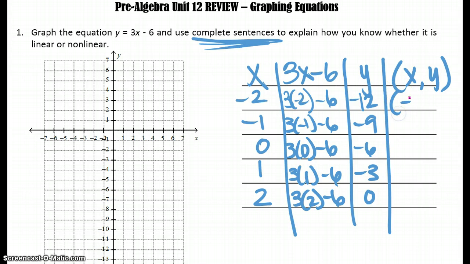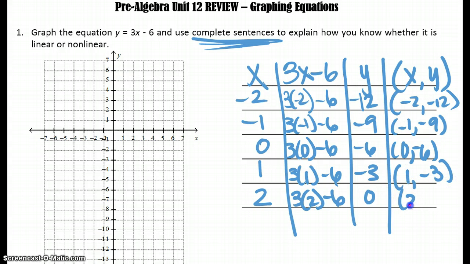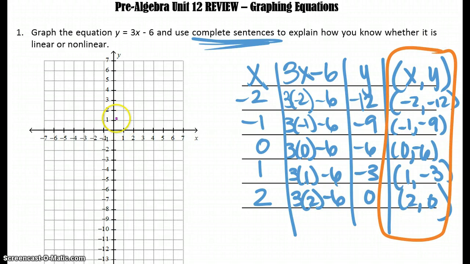In my ordered pairs: negative 2, negative 12; negative 1, negative 9; 0, negative 6; 1, negative 3; and 2, 0.